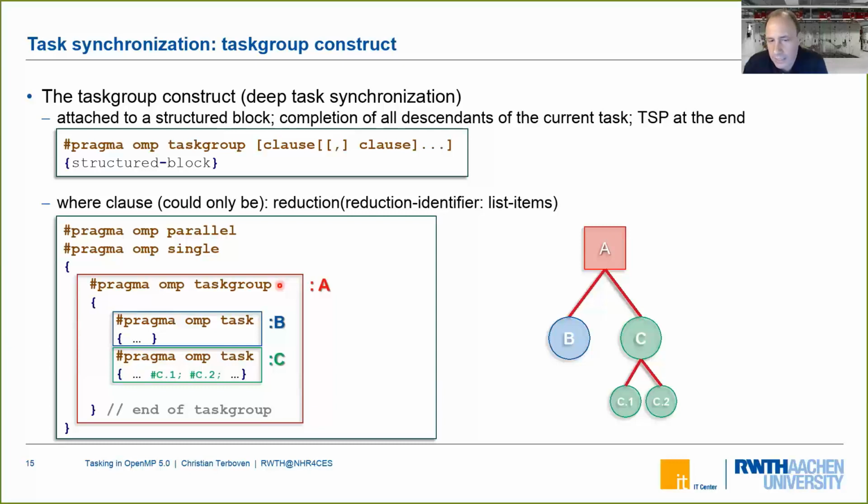But then we have tasks B, C, C1, and C2. So the taskgroup will wait for all the tasks that are being created within the dynamic extent, and only then will the program continue. So these are the two different kinds of task-specific synchronization, in addition to the dependencies that I will cover later on.